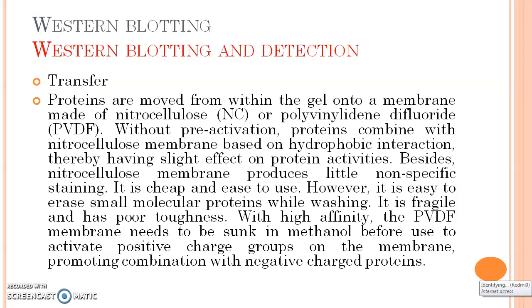However, it is easy to erase small molecular proteins while washing. It is fragile and has poor toughness. With high affinity, the PVDF membrane needs to be sunk in methanol before use to activate positive charge groups on the membrane, promoting combination with negatively charged proteins.